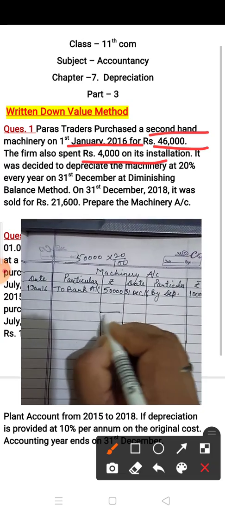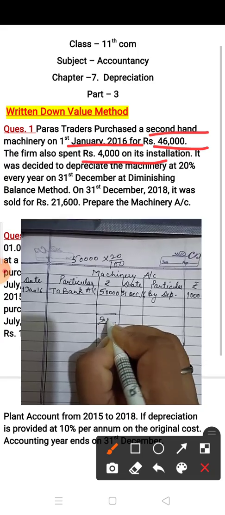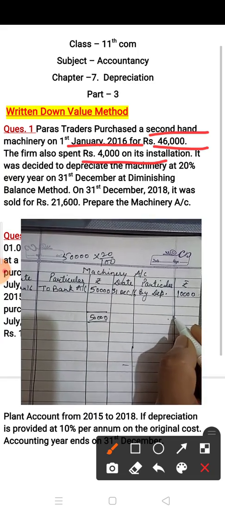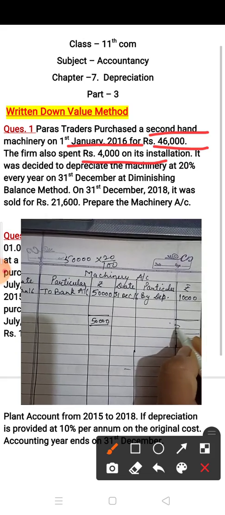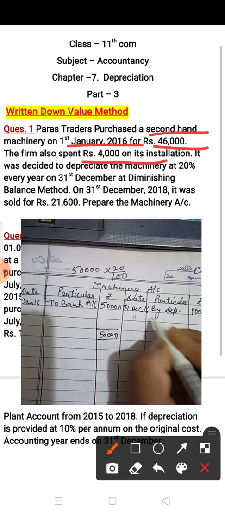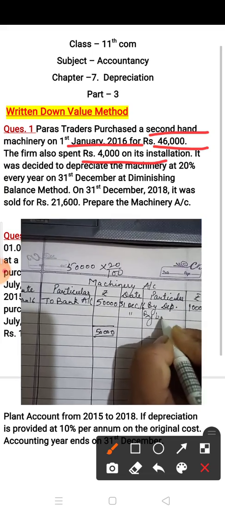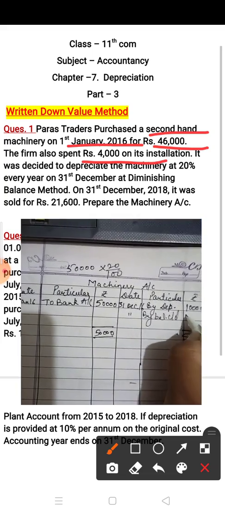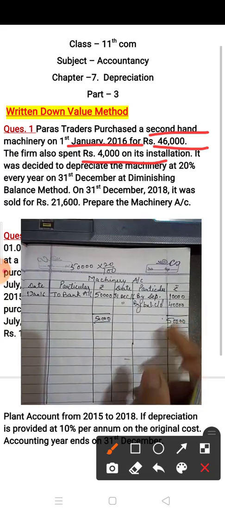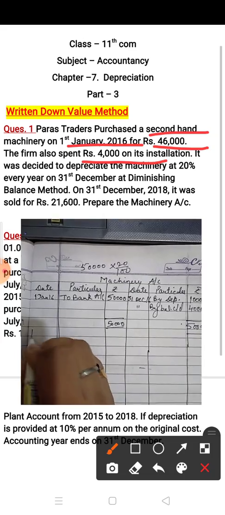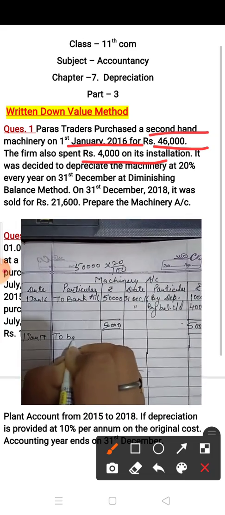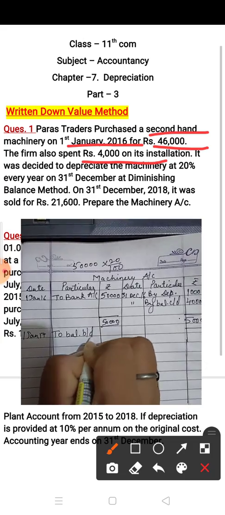The two sides are equal at 50,000, so the balance c/d on 31st December 2016 is 40,000. Now this balance you have to transfer on 1st January 2017 to balance b/d, which is 40,000.